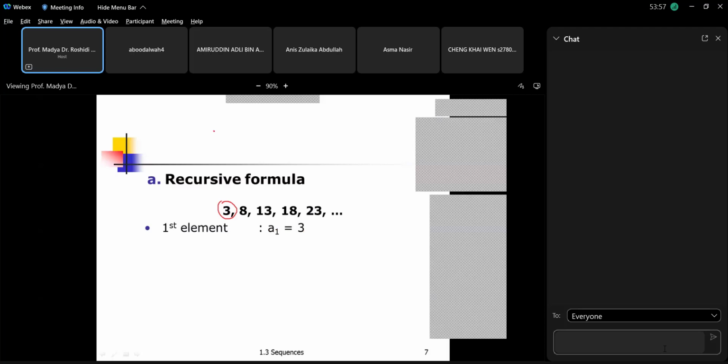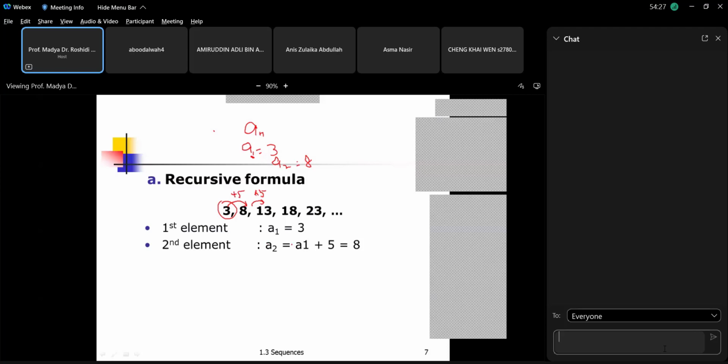Because this sequence we represent as an, once we refer to the first value, we put a1 because it is the first location. So a1 equal to 3. So a2 equal to 8. Because the pattern is fixed in ascending order, fixed value plus 5, plus 5.